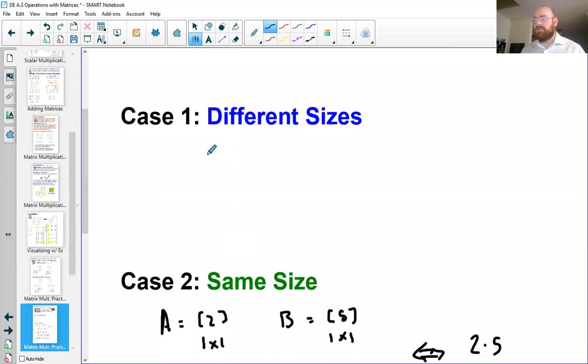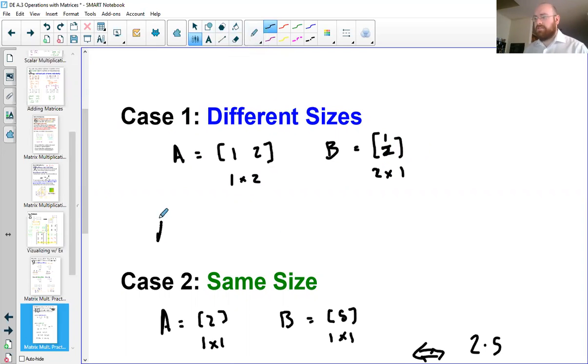For different sizes, we can think of some simple examples. So let's just say A is 1, 2. So this is a 1-by-2 matrix. And B is a column, 1, 2, so this is a 2-by-1 matrix.